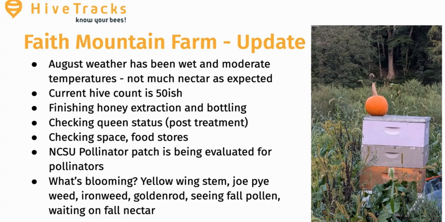Also, as far as the bees go, checking queen status, I did some treatments early in the month with formic acid. Given my elevation and cooler temperatures, I was able to do that even in the summer, and then followed up to make sure those queens were back laying like they should.